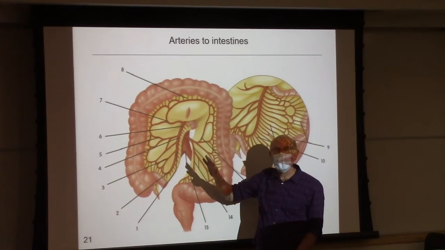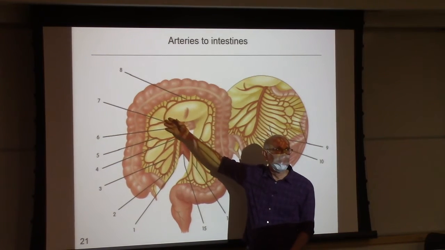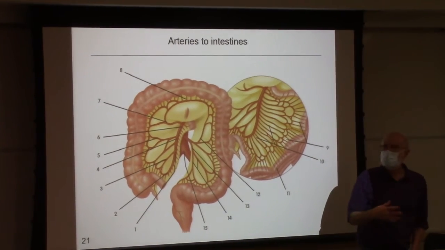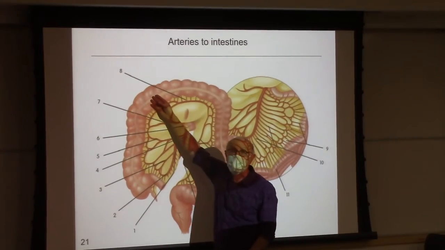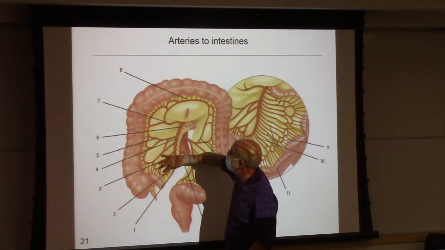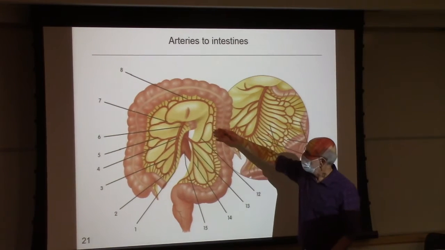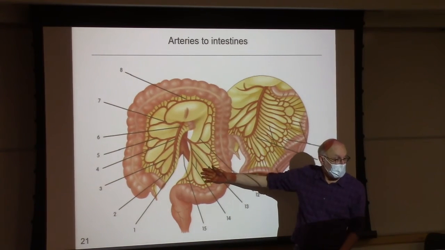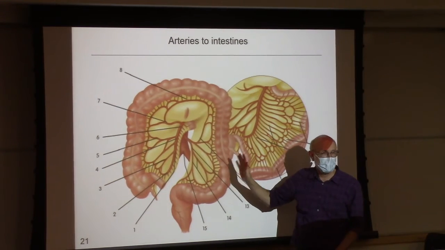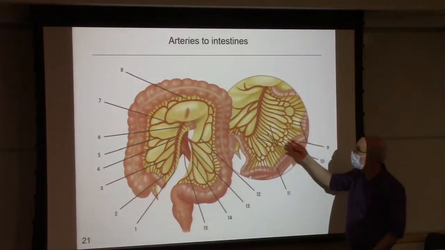They are colic arteries, C-O-L-I-C. They serve the colon, especially the ascending colon. So these are colic arteries. These are actually colic arteries too. So this is right and left colic arteries, but just call them colic arteries.